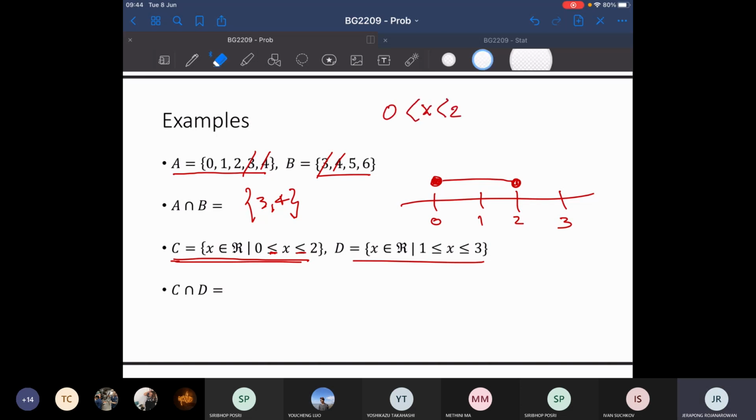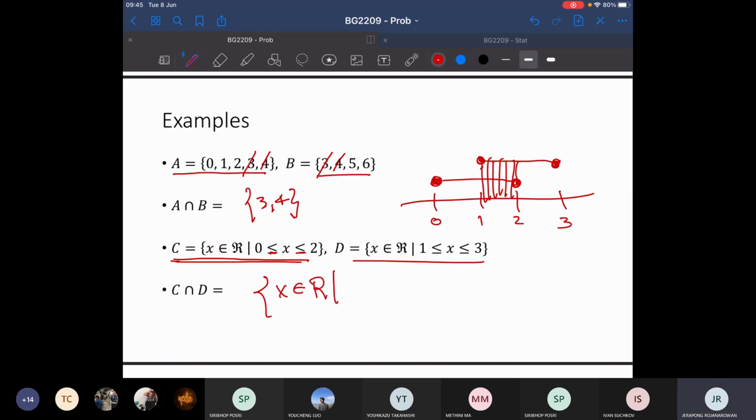For this, it's going to be a black one. And then we have 1 to 3 for D, right? So you can see that the overlap is going to be over here. So what's going to be the set of X in the real numbers? According to the figure, it's going to be from 1 to 2. So that's C intersect D, right?